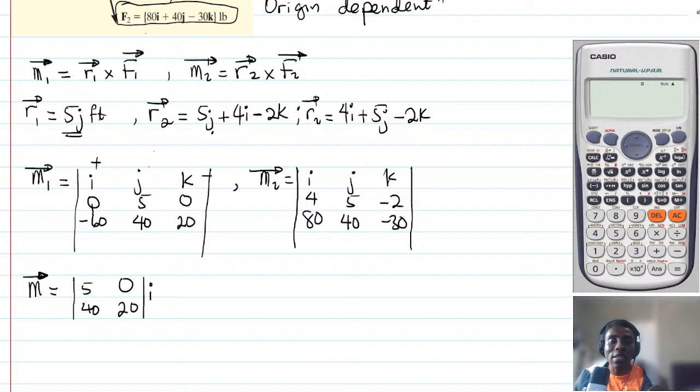Then you stand here. Basically it's going to be plus, minus, plus. So you come and stand at the middle, cancel the whole of this, cancel the whole of this, the middle one, minus, and write what you have: 0, 0, minus 60, 20, j.